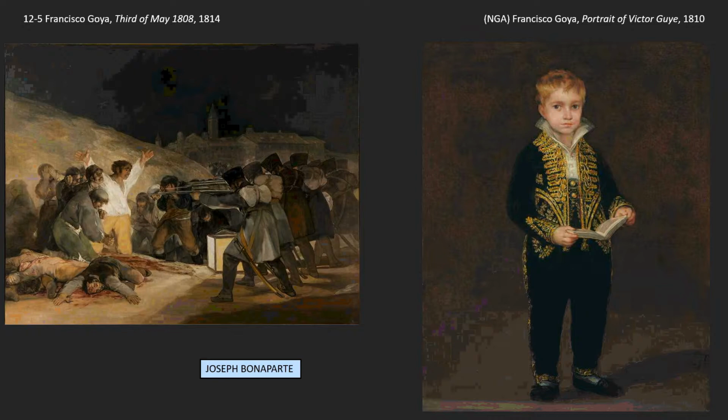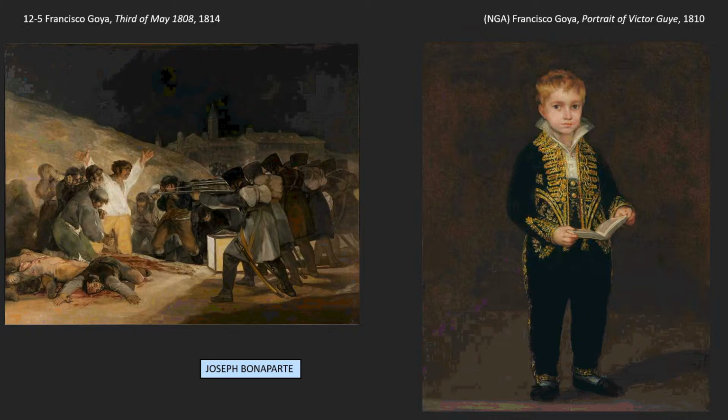Goya doesn't care about politics. Goya is going to shift as the winds shift. And he begins to immediately work for the French while they're occupying Spain. This, of course, is not going to last. In 1813, the British troops under Wellington move in and drive Joseph Bonaparte out of Spain.